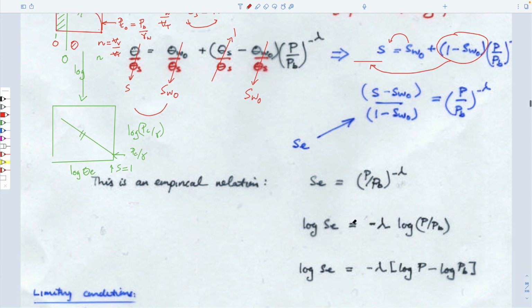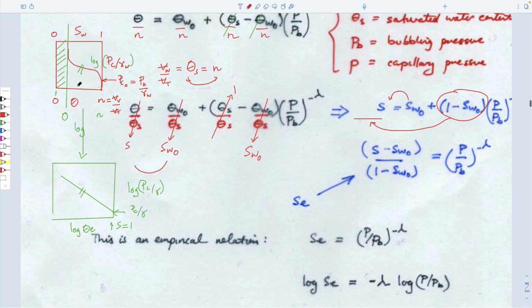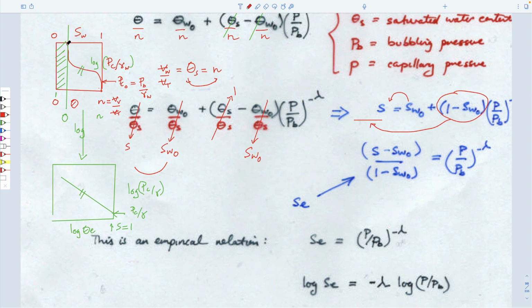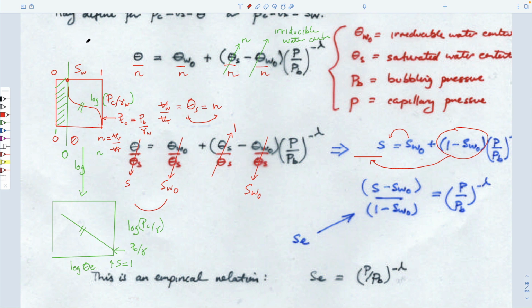And so that means that this effective saturation, which really is the ordinate of this location. So this starts at an effective saturation here equal to 0, and this is equal to 1.